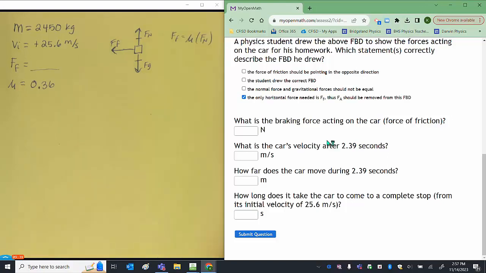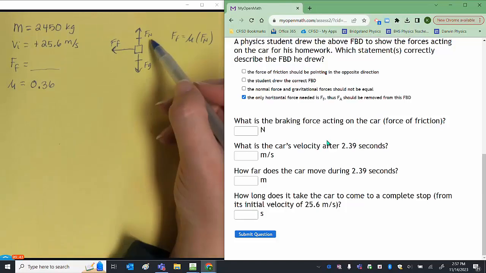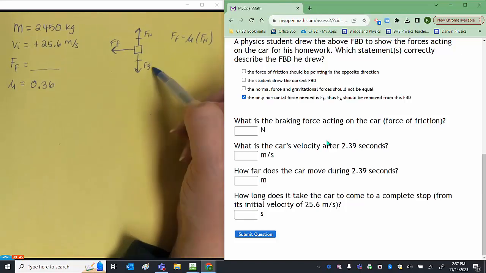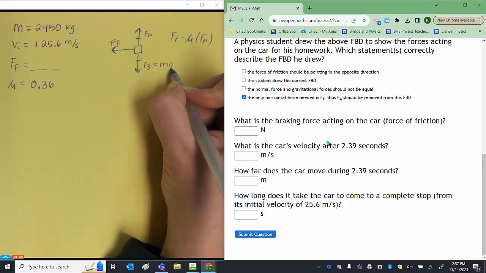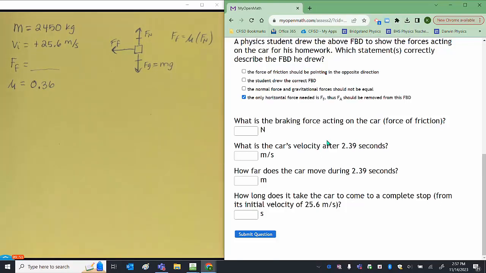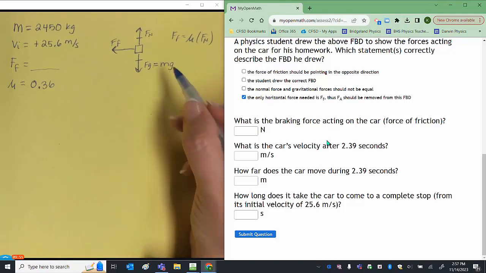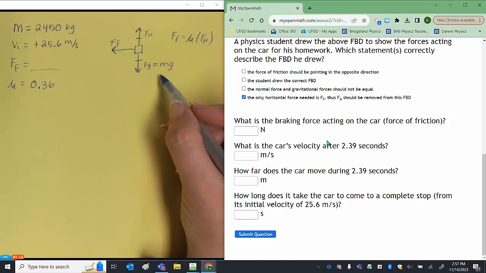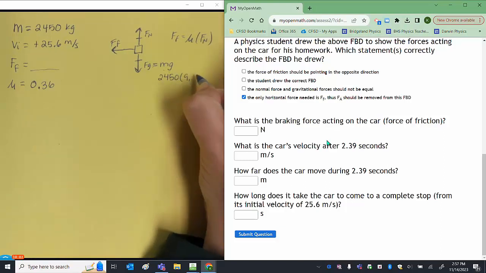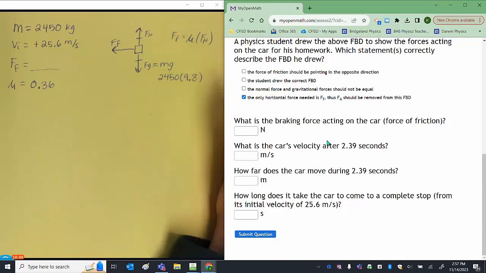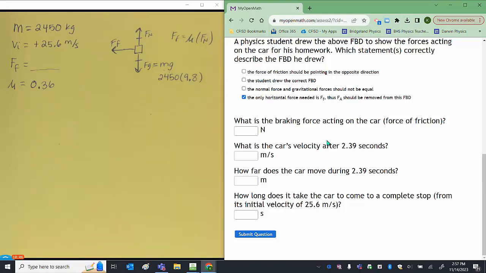And so I already have mu, I can find Fn. I don't have a formula for Fn, but it is equal to Fg. And so I know that they have the same magnitude, and I do have a formula for Fg. Mass times gravitational acceleration. On Earth, this is 9.8. I know the mass, it was in the question. So I can simply take that 2,450 kilograms and multiply it by 9.8, and I can get the magnitude of Fg and thus Fn as well.